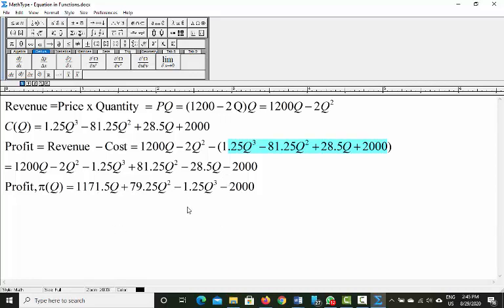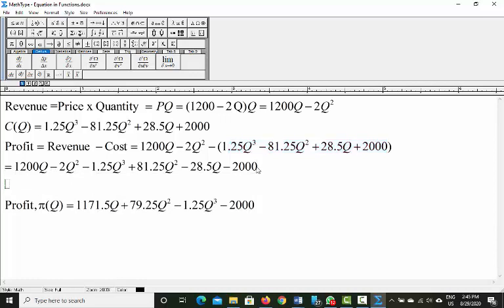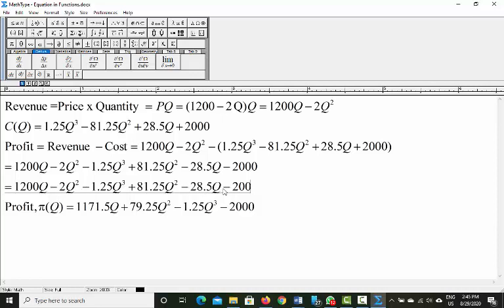Right. So now we will simplify. First of all, let's check this one. Here we have 2000. Do we have any number that matches with this one?